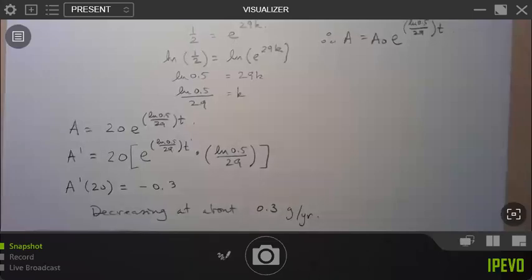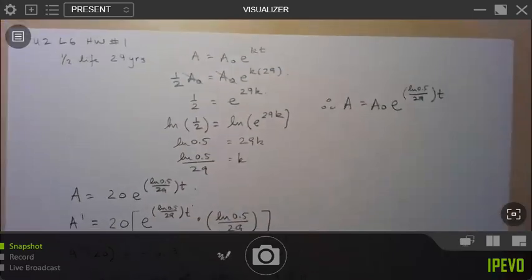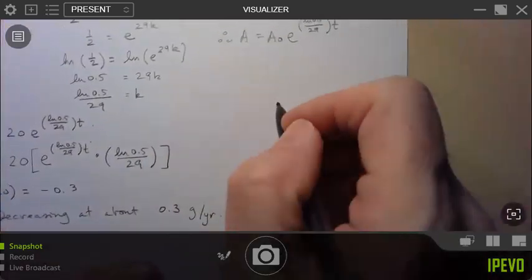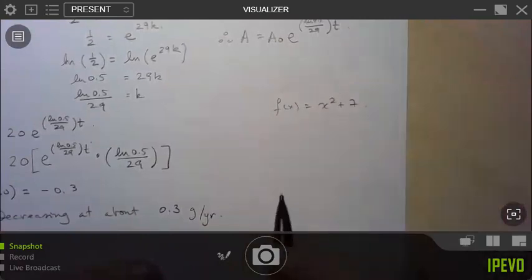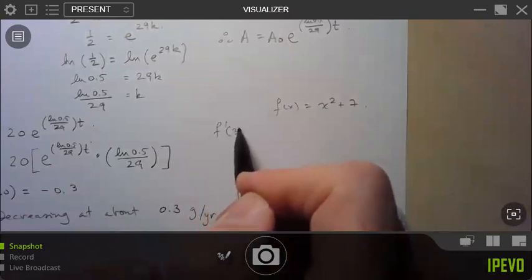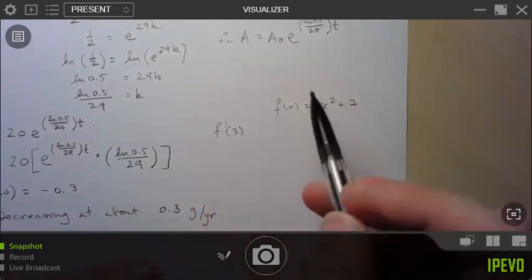All right, so I've got, I guess, a bit more time. Somebody earlier on asked, why did we have to take the derivative and just plug in the calculator? Well, let me give an example here. Let's say you have f of x equals x squared plus 7. If you want to find the slope of the tangent, if you want to find f prime at 3, you don't first input 3 into the function and then take the derivative.